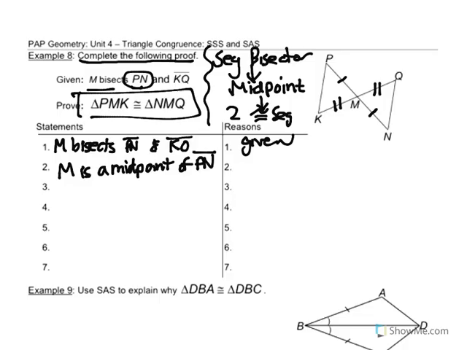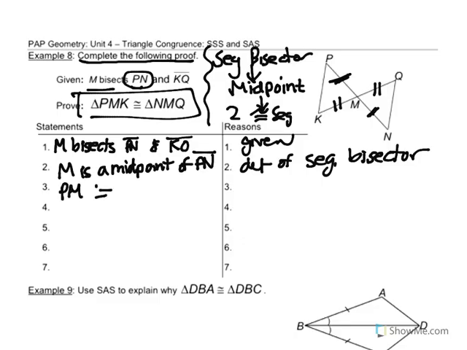And how do I know that? That would be definition of a segment bisector. And as a result of that, we know that PM is congruent with MN. And how do I know that? Definition of a midpoint.